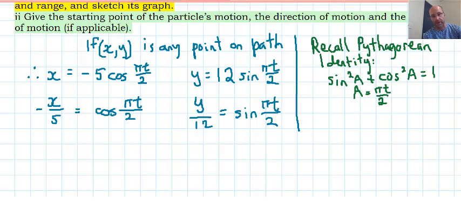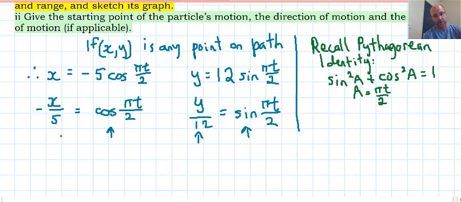So because our parameter a is the same in both cases, i.e. it's pi t on 2, we can use that identity. So instead of having sine squared a, which is the square of the right hand side here, we would be able to substitute y over 12 and square it.